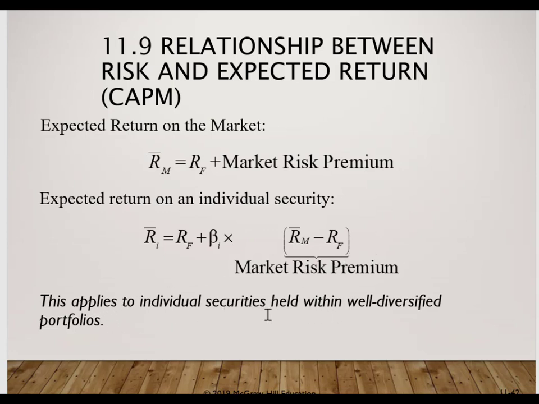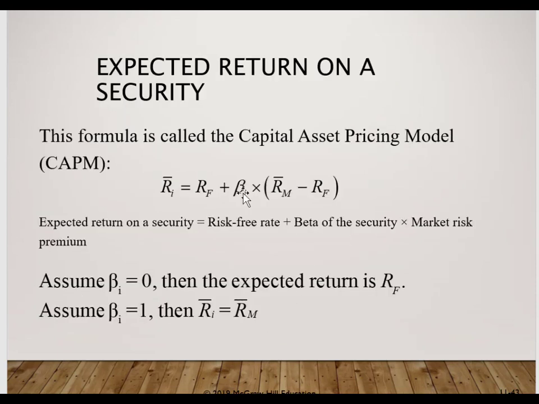So this really applies directly to individual securities, but they have to be held in well-diversified portfolios to fully get the benefit, if you will, of the return. So this formula comes from the capital asset pricing model, and technically the formula is not called the capital asset pricing model. The formula is called the security market line formula.